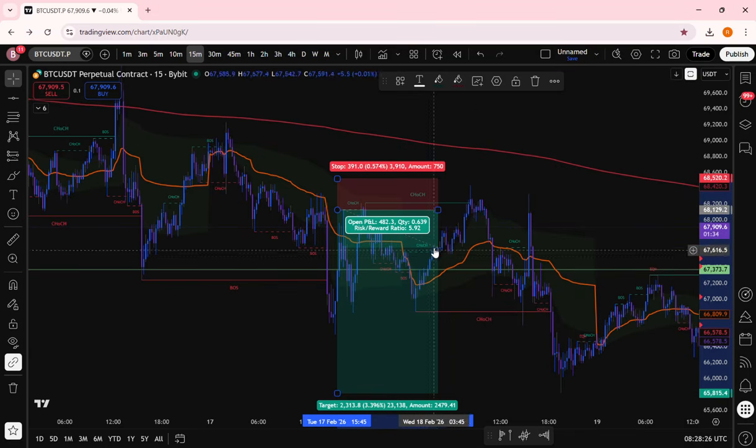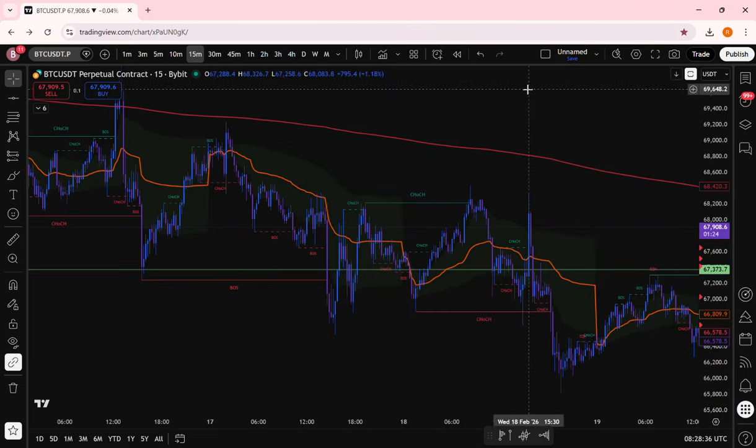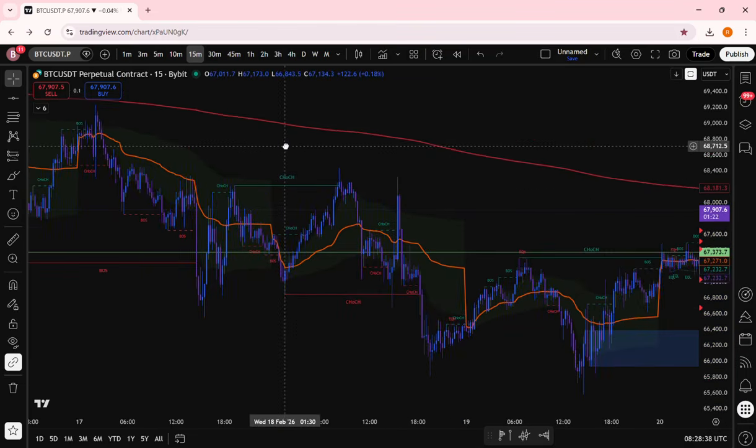And price did come back up, nearly stopped out, but we were still in the trade, continuing down. So it's a very powerful tool to use with the EMAs and the VWAP itself.